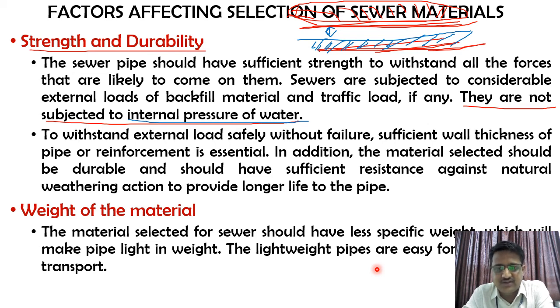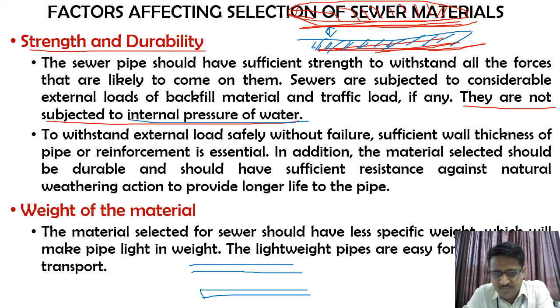So it doesn't say that the thickness of the material indicates the strength. No, that is not the case. Because a simple example, let us say a brick sewer line, where the walls of the sewer are made from brick. Imagine these are the bricks.